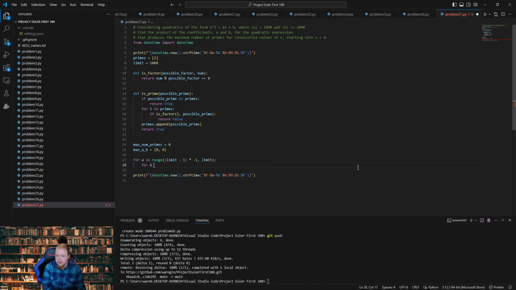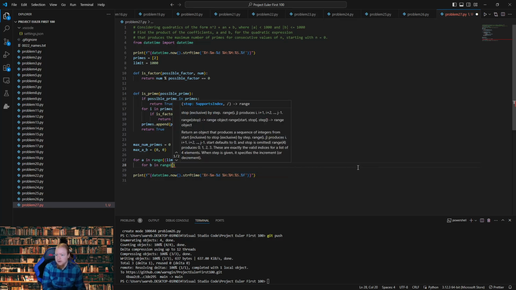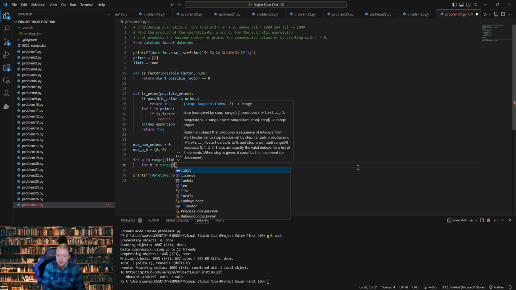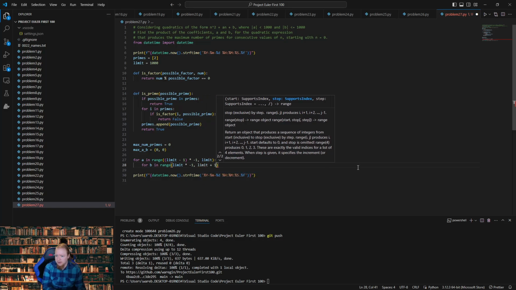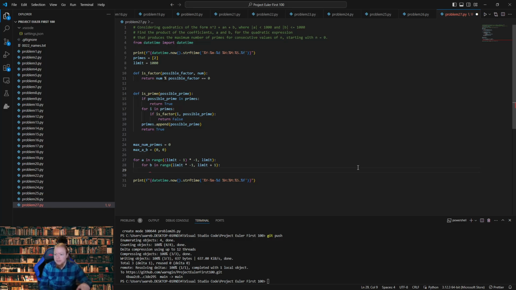And for b in range, limit times -1, and then limit + 1. Obviously, this is going to be a heck of a lot, right?